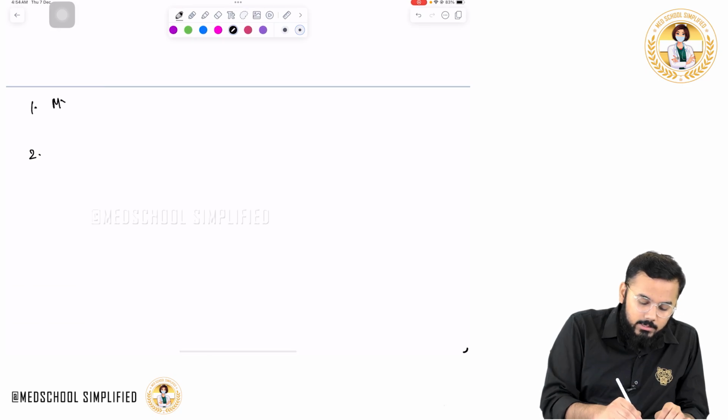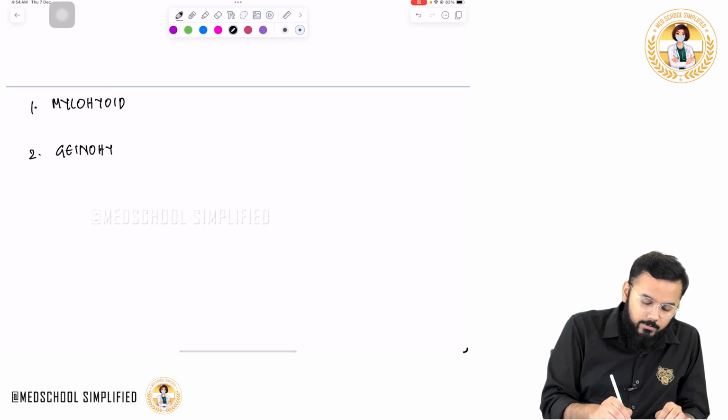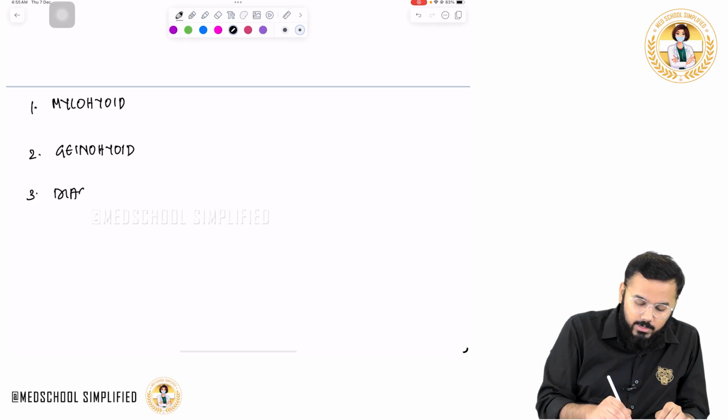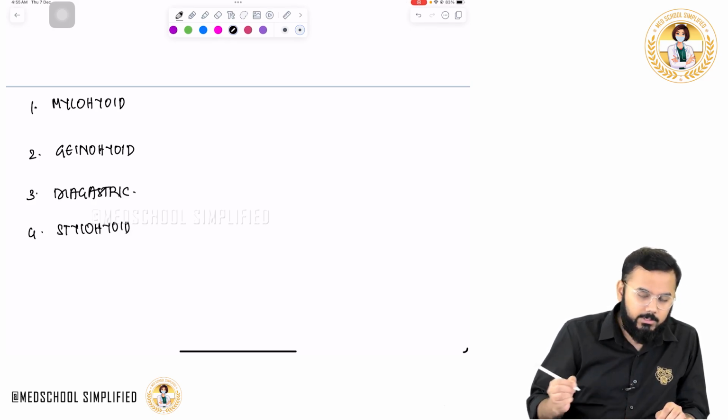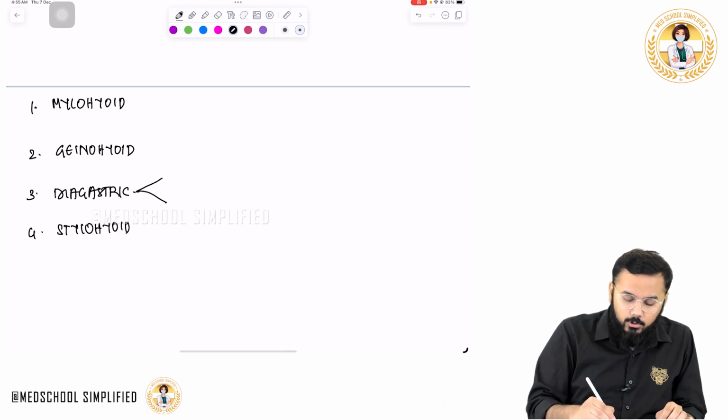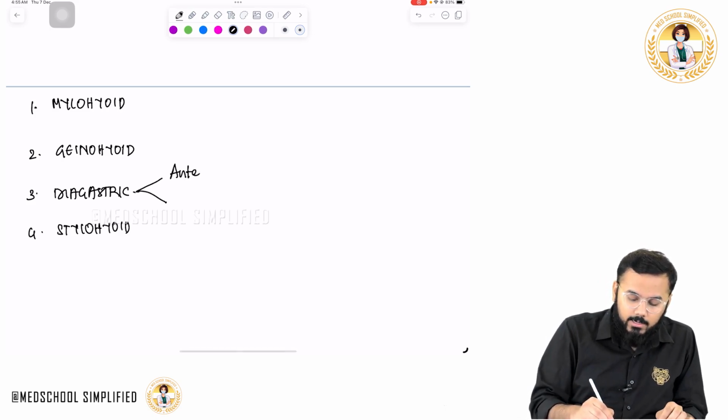One is called mylohyoid, another is called geniohyoid, the third important one is your digastric muscle, and the fourth important one is your stylohyoid muscle. Now within this digastric there are two bellies: one is your anterior belly, another is your posterior belly.